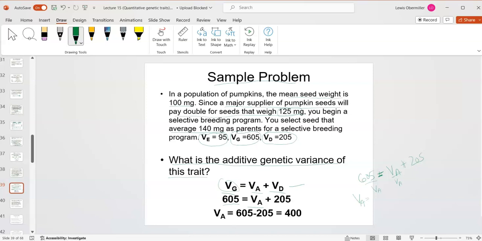Actually, we don't do that. We subtract. We subtract 205 from each side. 605 minus 205 equals VA. And so in the end, we get 400. VA equals 400.